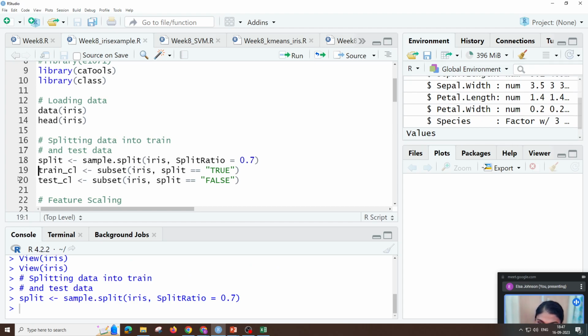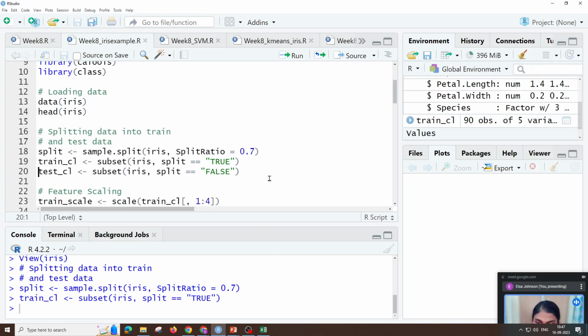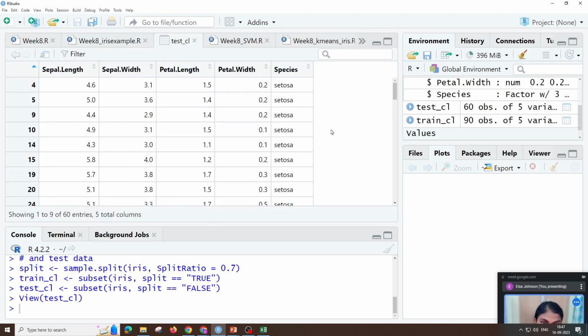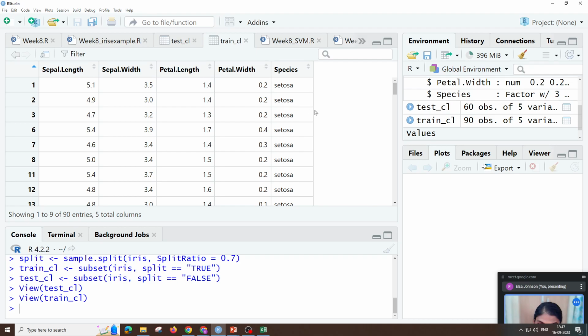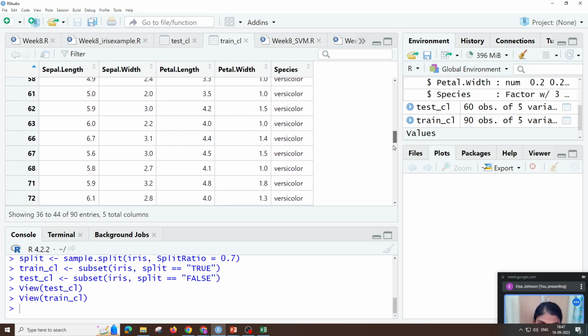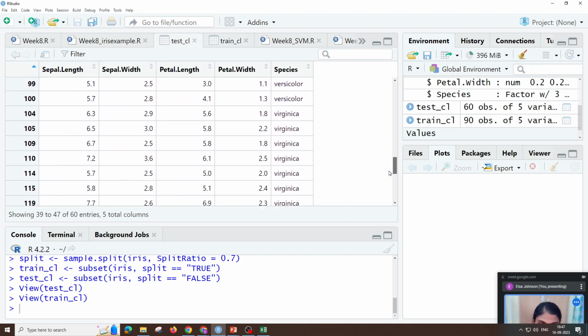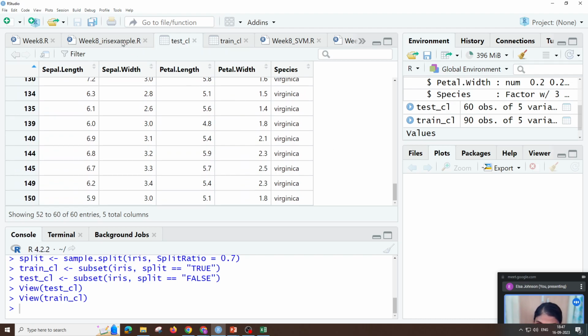I have split it, and wherever the split is true, I am giving it to the train set, and the other one I am giving to the test set. So right now I clicked test, and this is the train set. The train set has all 3 classes, and the test set also has all 3 classes, okay.